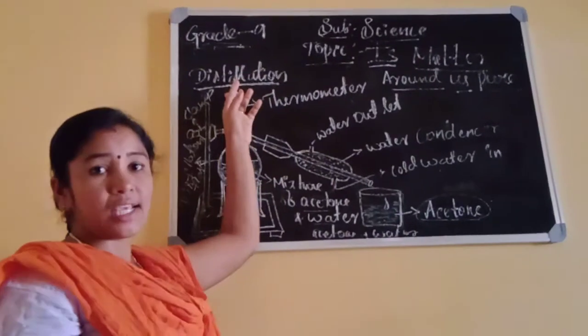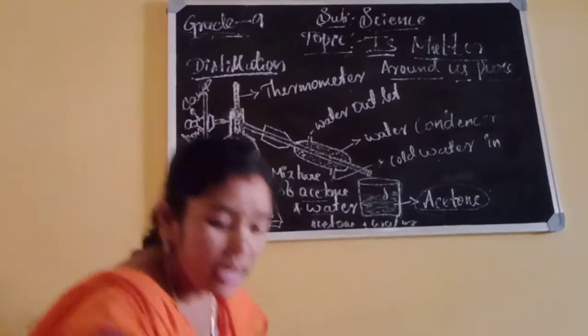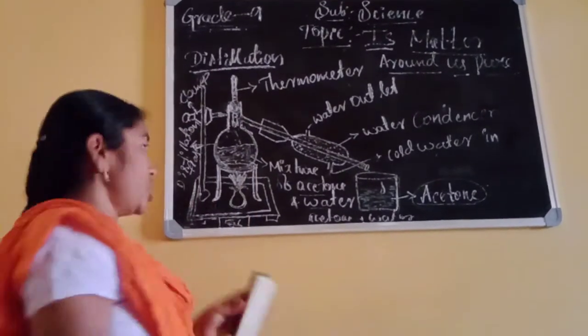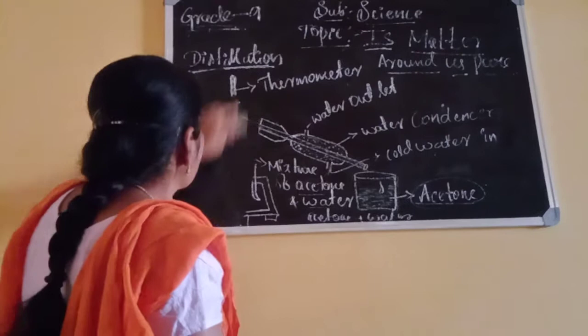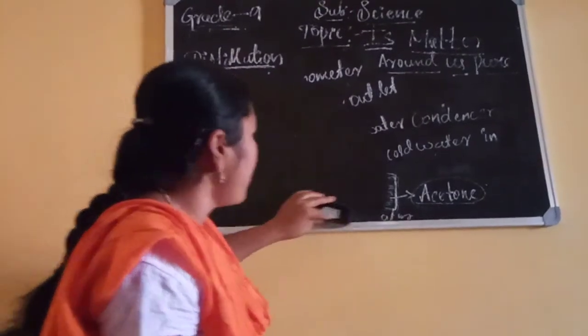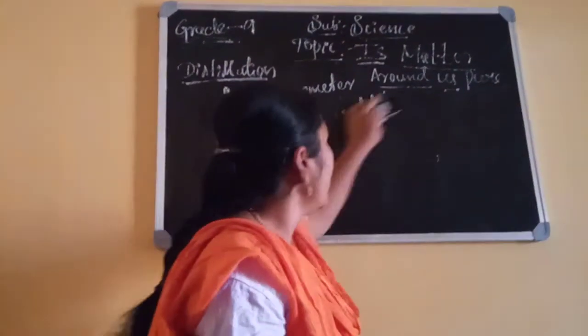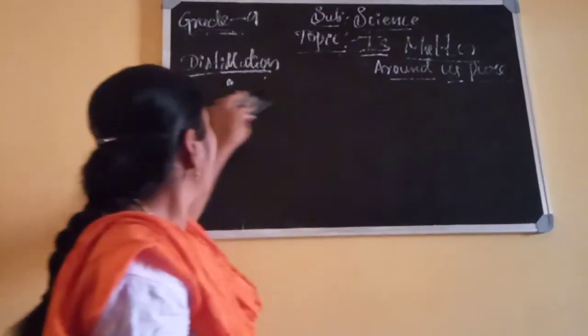Which method? The distillation method. Now let's see another one, sublimation. What is meant by sublimation? Already you learned in previous classes.